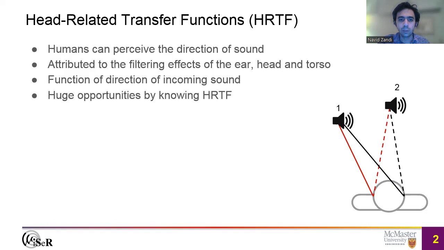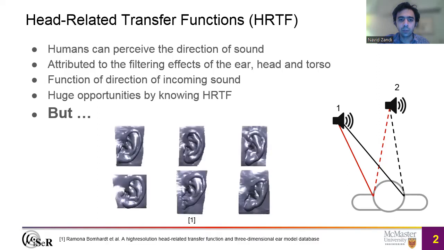Knowing this filter enables a lot of applications, but it's not a trivial task. Why? Because as I mentioned, HRTF is related to physical attributes of the body. HRTF of two persons with different size of head, different shape of ears, and overall different physical properties is not the same. And this makes HRTF a subject-dependent filter.